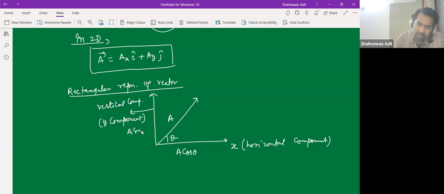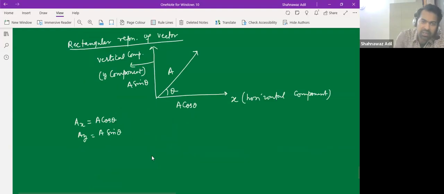Always remember this. This is the most crucial information. The x component is A cos theta and the y component is A sin theta.